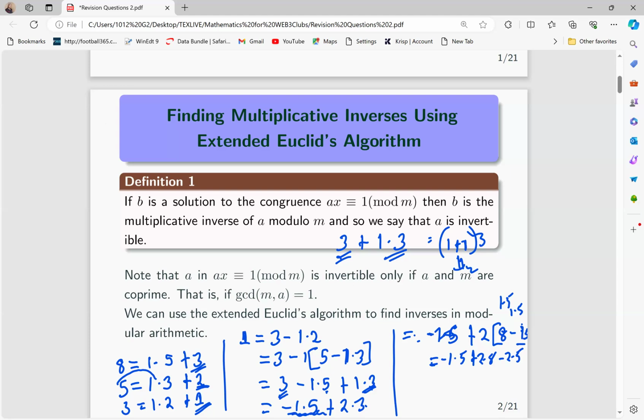I just factorized: you bring the common terms together. Somebody can still write this 3 as 1 times 3 because it doesn't make any change, and I also have 1 times 3. So I'm just adding these, and 3 is a common term. When it divides here, you remain with the 1, and again here, you remain with the 1. So you get that 2.